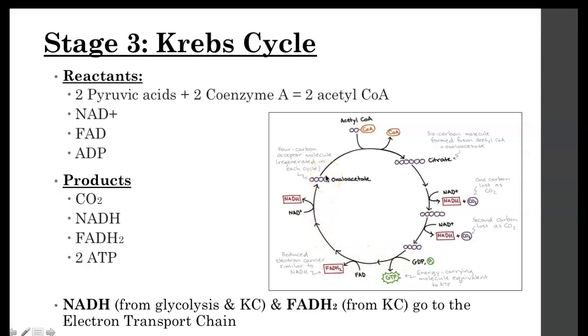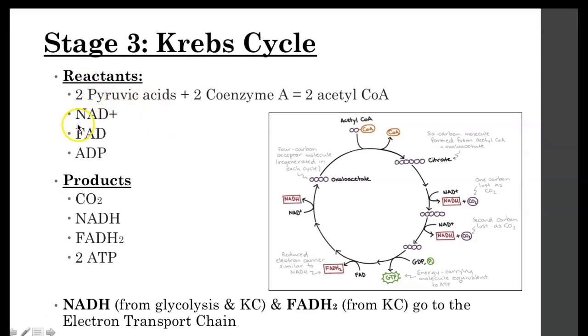And what's happening is bonds are being broken, and as bonds are being broken, electrons are being released. Who's going to come in to pick up those electrons? NAD plus and FAD. As a result, we're now forming these high energy electron carrying molecules that are then going to go to the electron transport chain to make ATP.